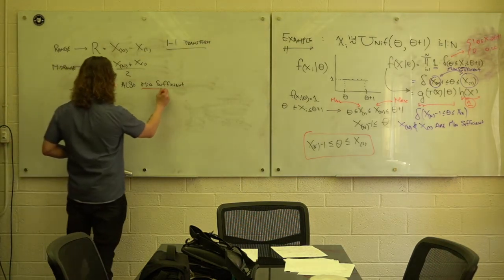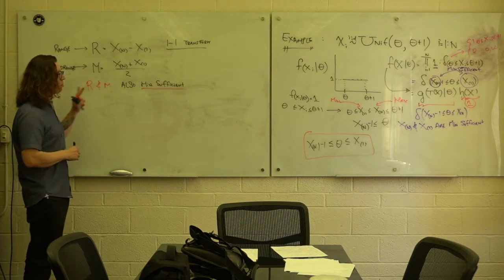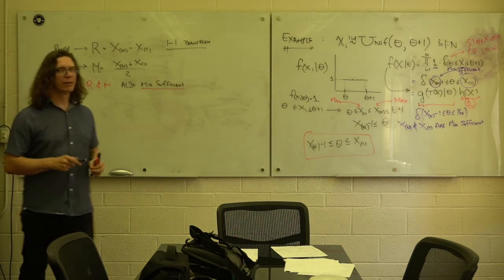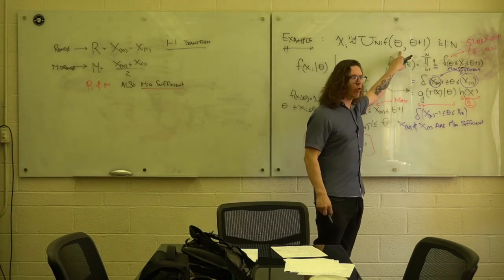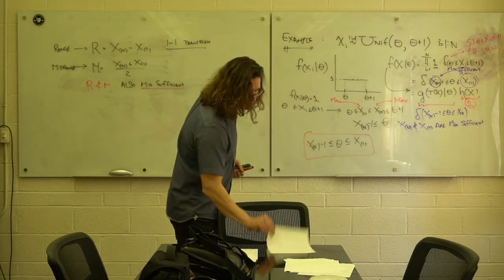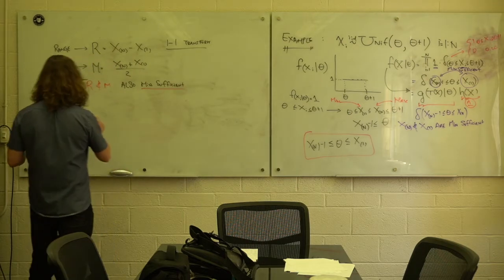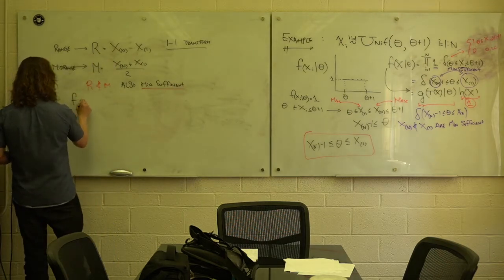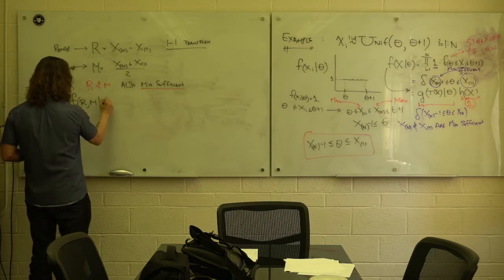So also minimal sufficient. Let's look at the distribution of R. Now keep in mind this problem is a little bit different than the earlier problem that we got in the book, but the forms all look exactly the same. The bounds are just a little bit different. I think this is in your book. But let's just write down the joint distribution of R and M, and we could derive this, but we've already done something very similar.